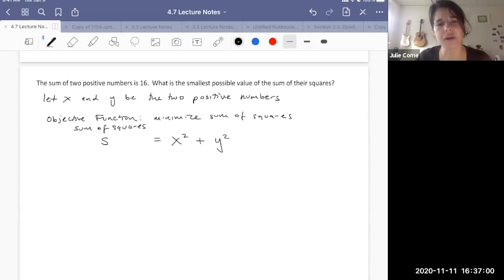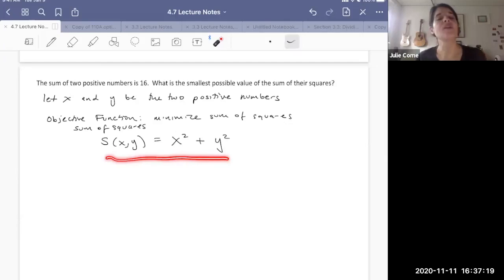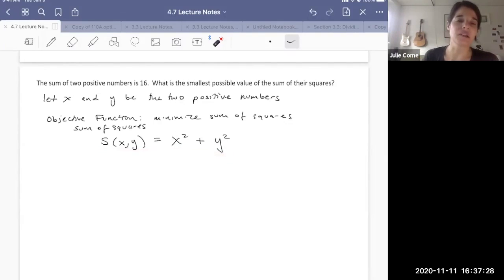Technically right now, S is a function of x and y, since both variables appear. To minimize this, we'll have to rewrite our objective function in terms of only one variable, and typically we prefer that to be x.